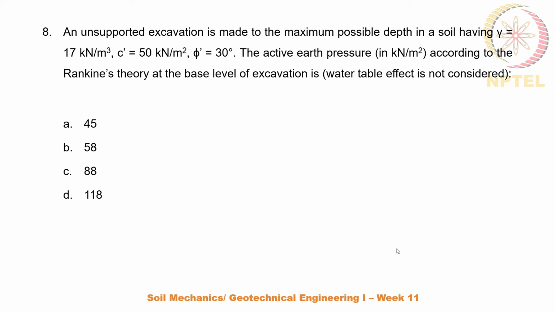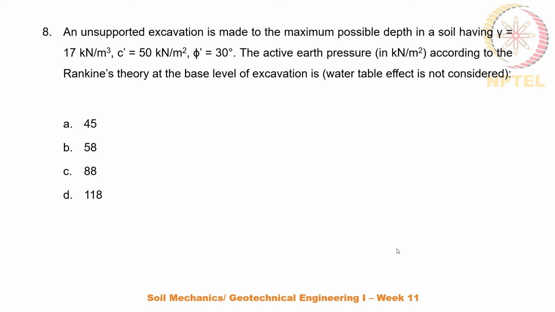So here we are doing the unsupported excavation to the maximum possible depth, and the soil has unit weight of 17 kilonewton per meter cube and cohesion of 50 kilonewton per meter square, with angle of shearing resistance as 30 degree. We are asked to determine the active earth pressure.